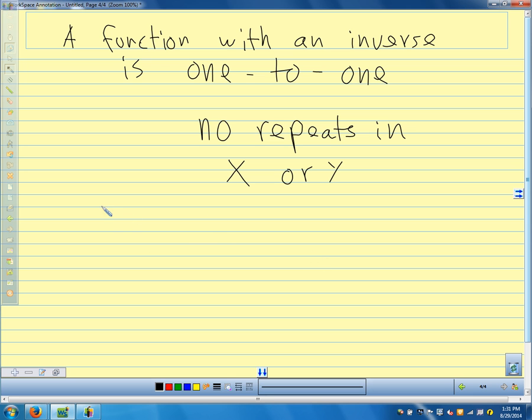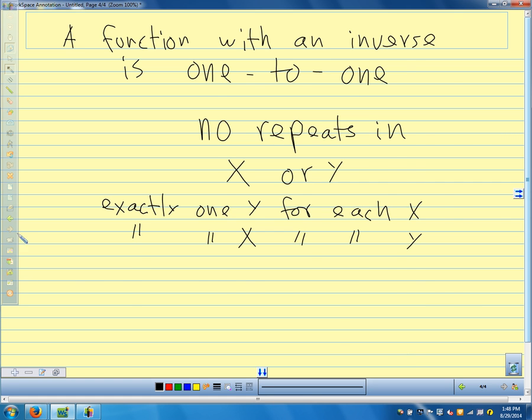The other way we say this is there's exactly one y for each x and exactly one x for each y. So the x's don't repeat and the y's don't repeat.